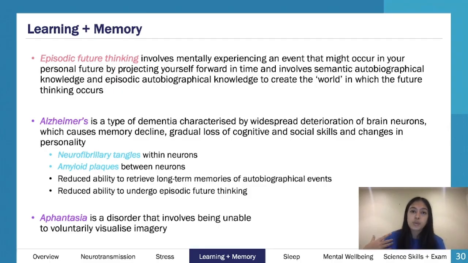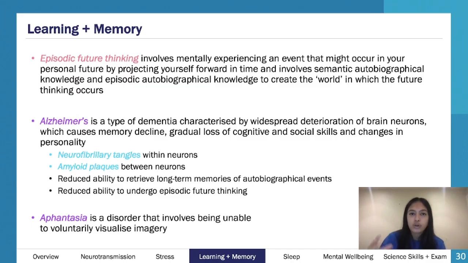Alzheimer's is what you would call a clinical diagnosis. You look at the person and their symptoms, and you go, okay, I think they've got Alzheimer's. It can only be 100% diagnosed post-mortem, at an autopsy where you're looking at the brain, and in there you will see neurofibrillary tangles and amyloid plaques. Those are the two hallmark features of Alzheimer's.